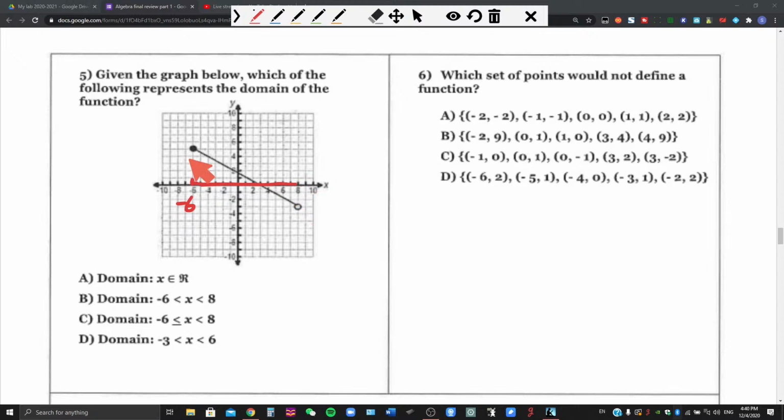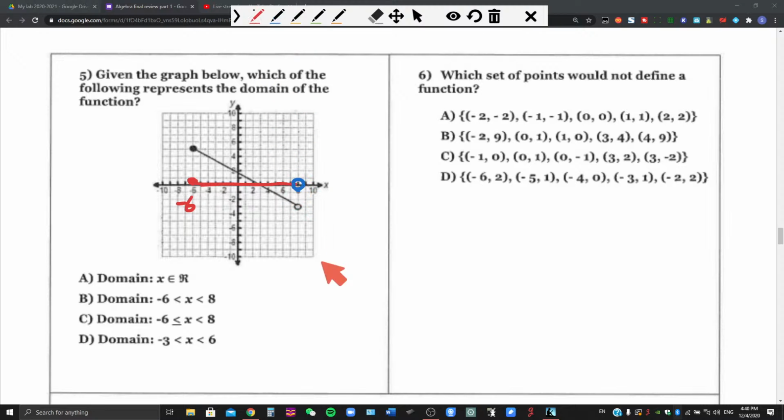However, you should also notice the negative 6 is solid, so x can be equal to negative 6. But this 8 is empty, okay? That means x is less than 8, but cannot be equal to 8.